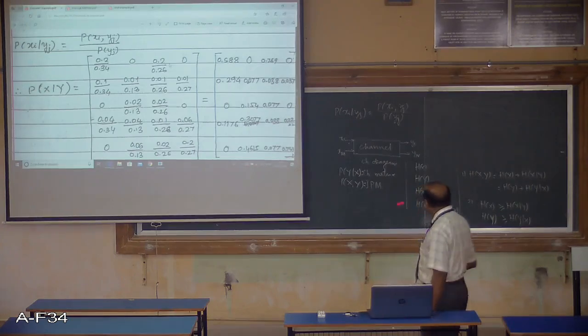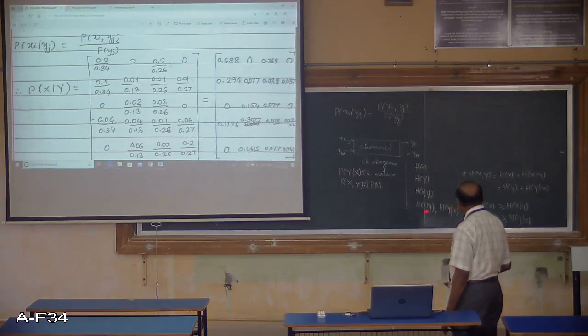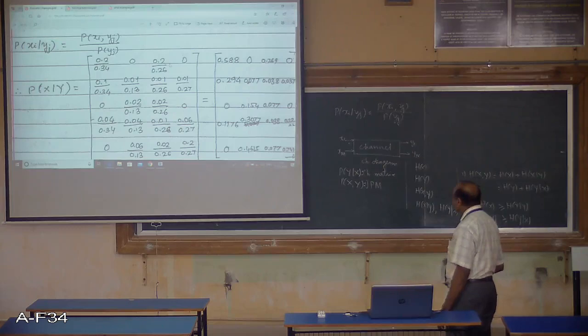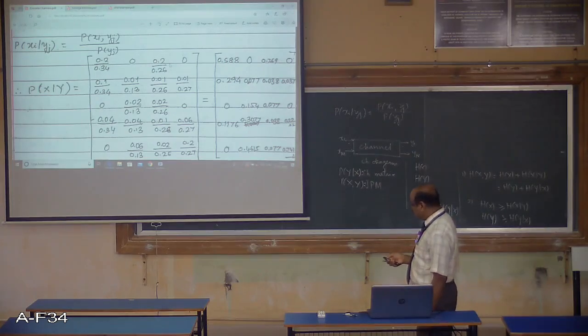Now, in order to find these conditional entropies, we should make use of the relation P of x given y is P of xy divided by P of yj. Every element P of xy has to be divided by the corresponding probability of the output symbol.